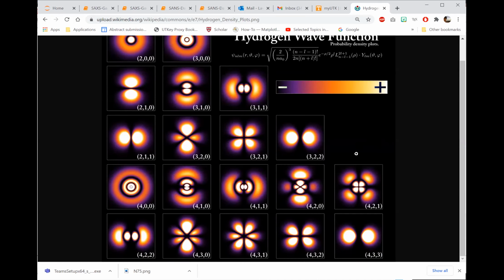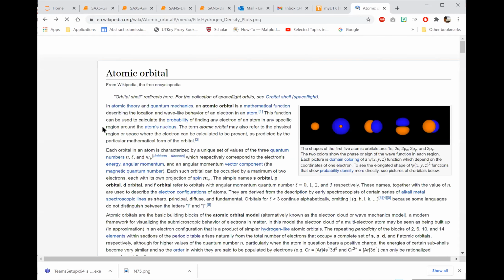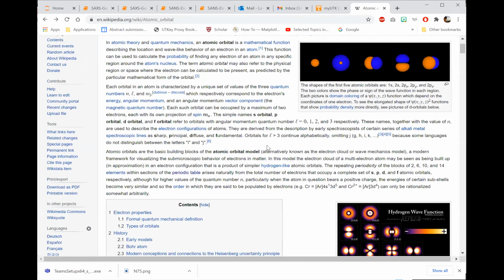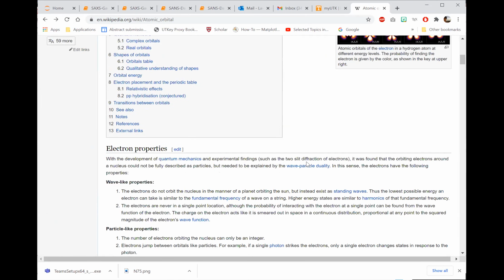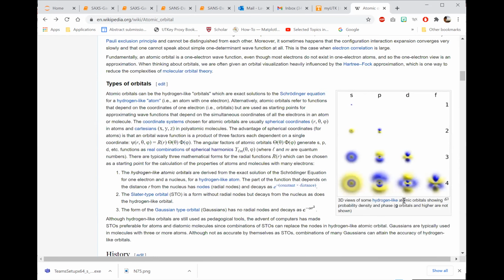So hopefully you see the connection there between chemistry and rotational symmetry, which allowed you to solve for the hydrogen wave functions. Yeah, so here they are, the various s, p, d. The next one is f, that would be l equals 3.